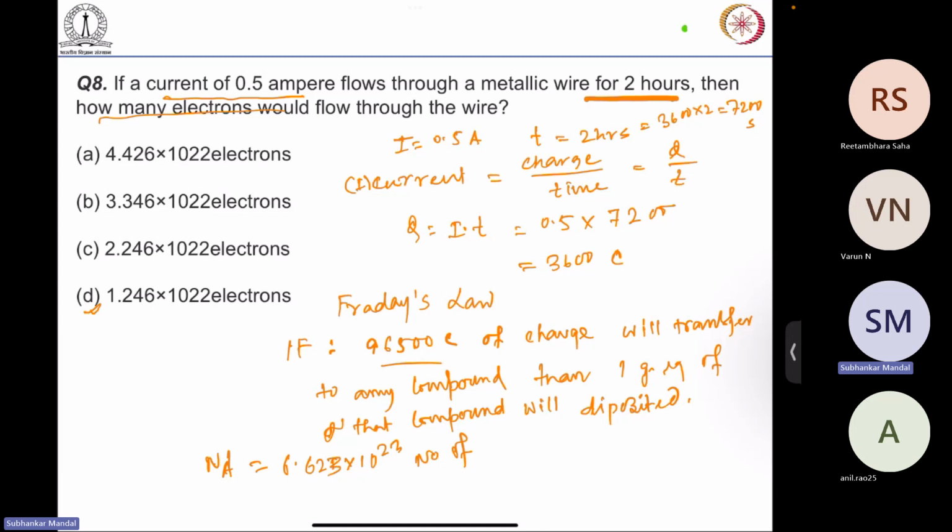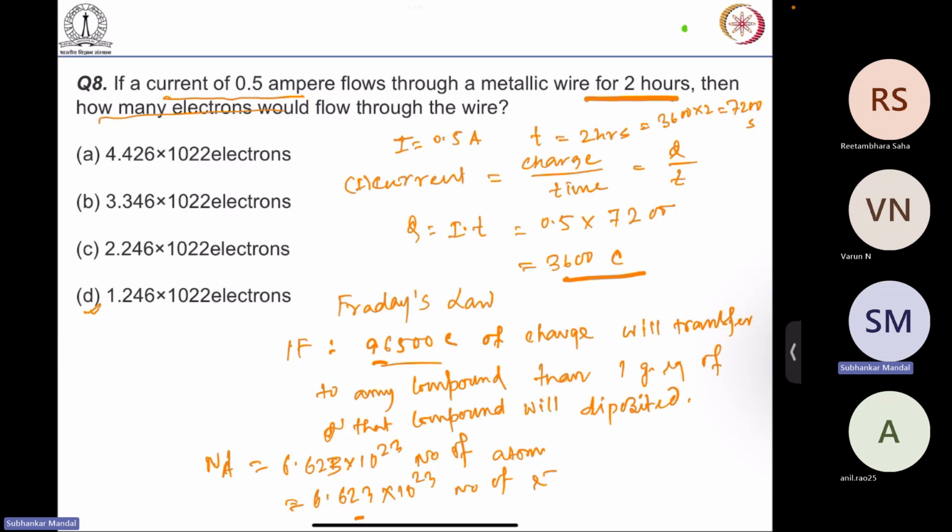If it is a 1 electron process, then 6.023 into 10 to the 23 number of electrons. If you transfer this much charge, then this many electrons will pass through the wire.